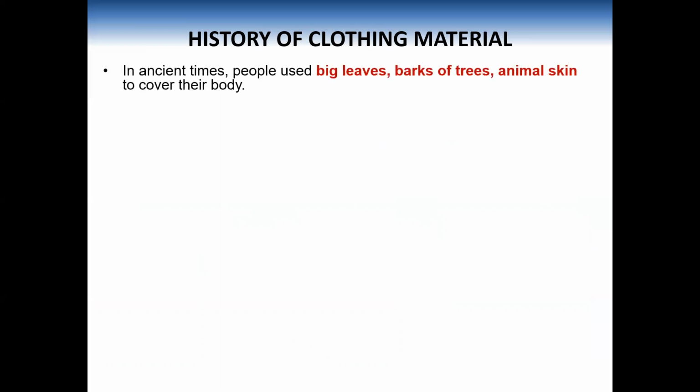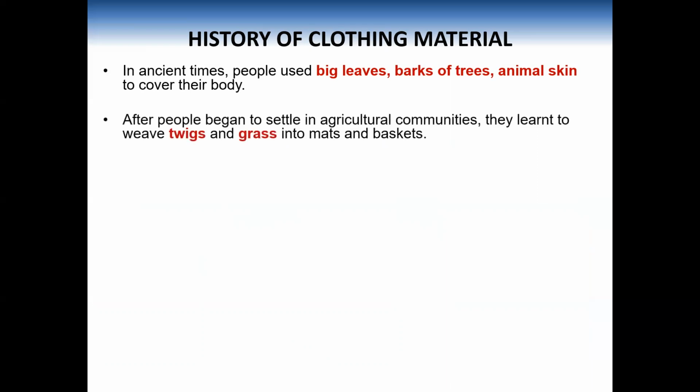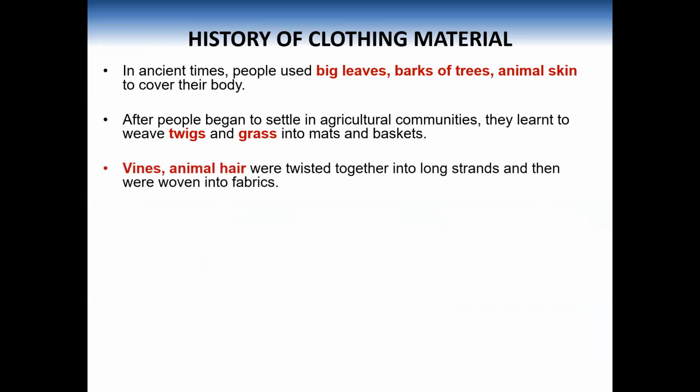Okay, this is the last topic, history of clothing material. In ancient times, people used big leaves, barks of trees, and animal skin to cover their body. After people began to settle in agricultural communities, they learned to weave twigs and grass into mats and baskets. Vines and animal hair were twisted together into long strands and then woven into fabrics.